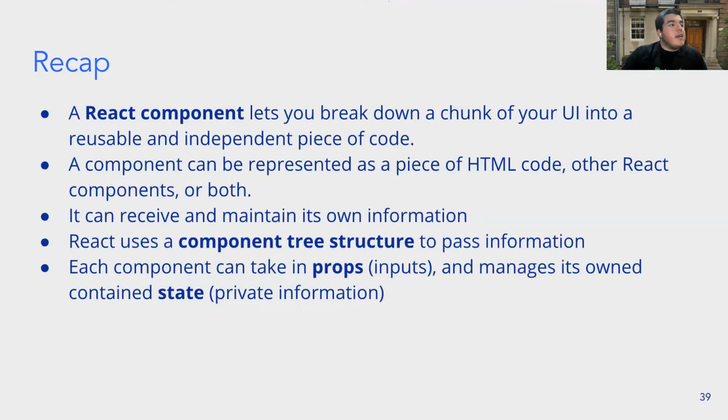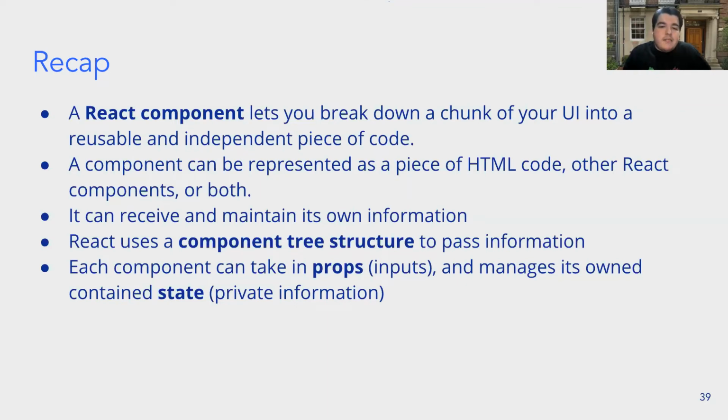We talked about how components can receive information using props. So props are the input, and they can also maintain their own information, their own state, pretty much the state of the component. And React uses the component tree structure to organize our components and to pass information. And this component tree structure is very similar to what we saw in our Google Chrome tab.